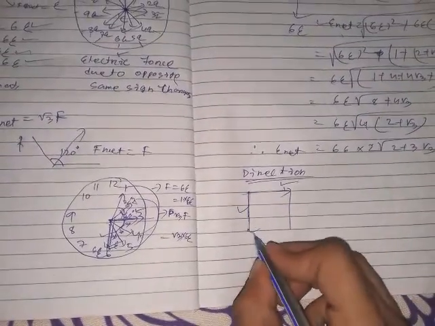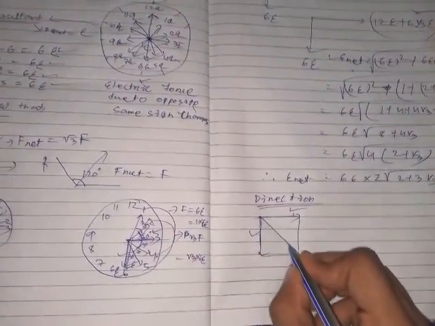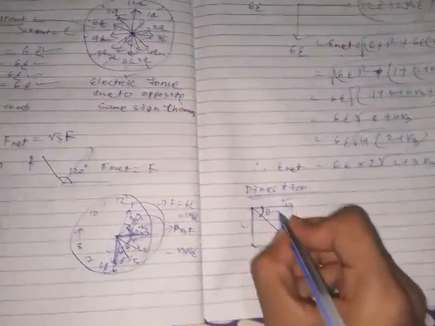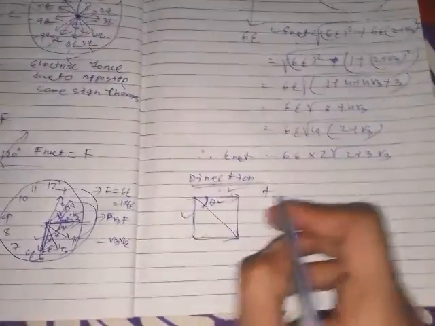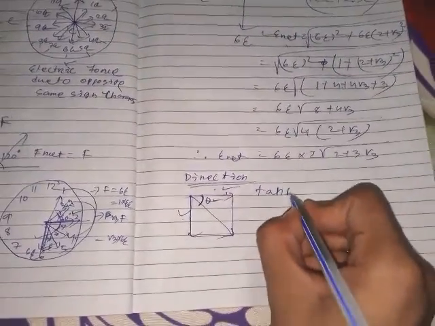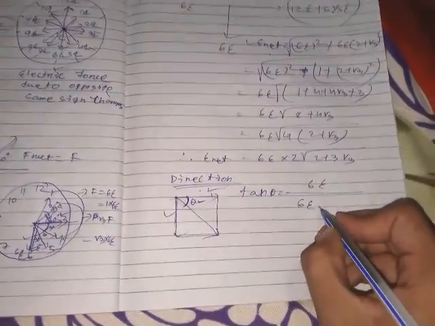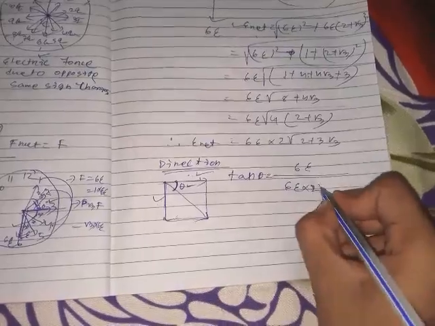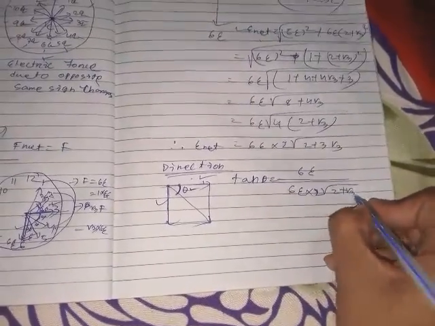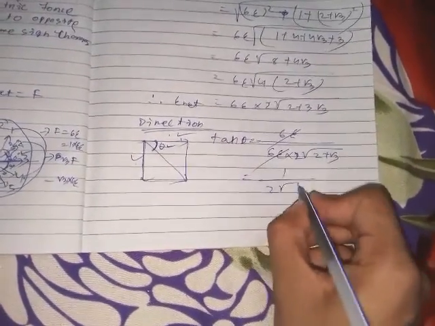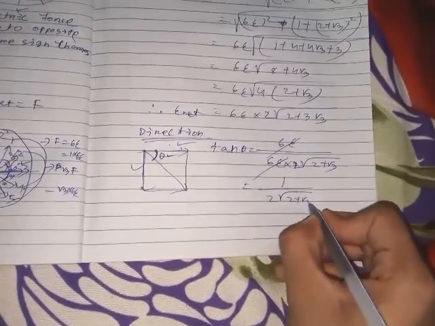The resultant electric force will be at angle theta, and tan theta is equal to 6E by 6E into 2 root over of 2 plus root 3. 6E cancels out, so 1 by 2 into root over of 2 plus root 3.